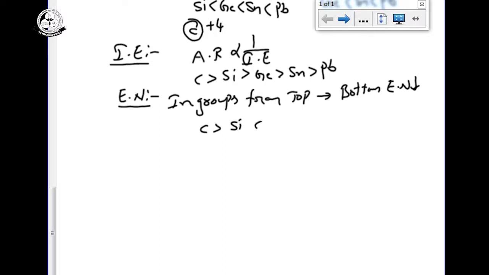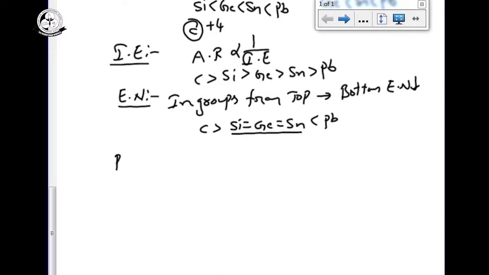Silicon, germanium, tin, lead. Silicon, germanium and tin have almost equal electronegativity, and lead has a slightly higher value than the remaining three elements. These can show similar electronegativity because of the poor shielding effect, because these elements contain vacant or completely filled d orbitals, that's why the electronegativity of these elements will be equal.